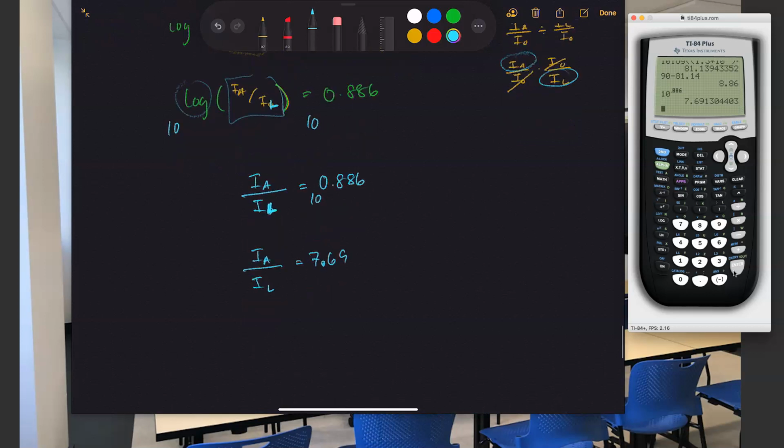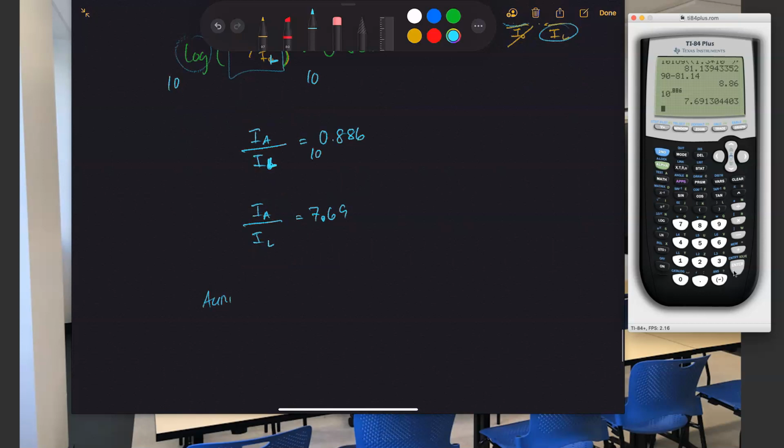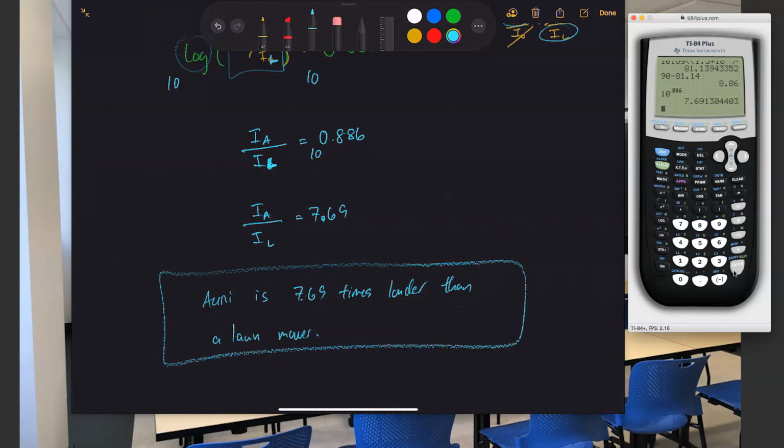So what does this mean? This means that RE, bless her soul, is 7.69 times louder than a lawnmower. And that I have no trouble believing. And if you've heard her in some of these videos, you would agree. But this is how we can compare these two things.